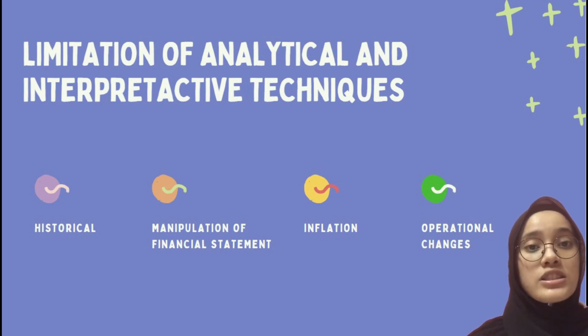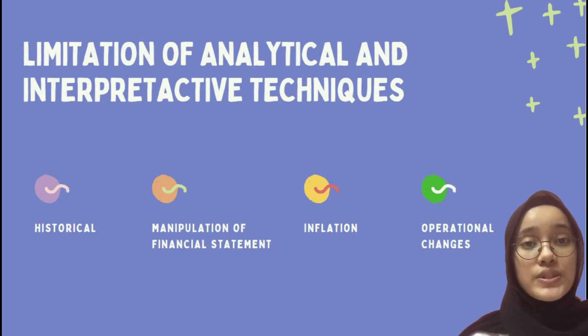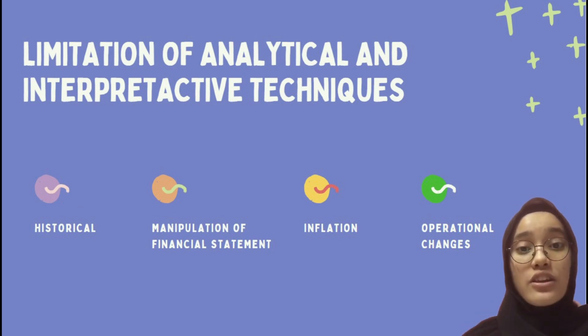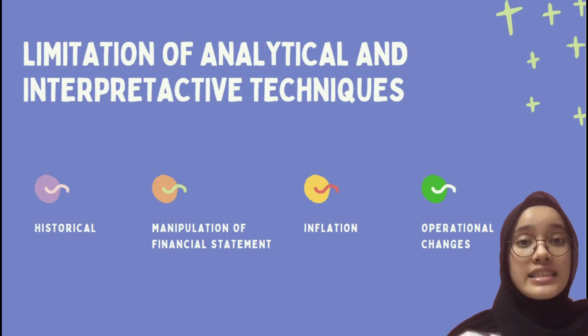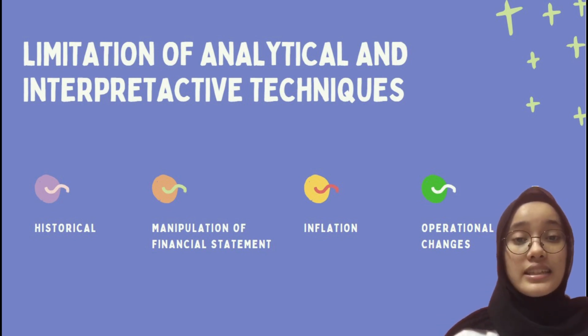Why? Because they want to report a better result than its actual performance. So, this shows that the ratio analysis may not accurately reflect the true nature of the business, as the misrepresentation of the information is not detected by the simple analysis.